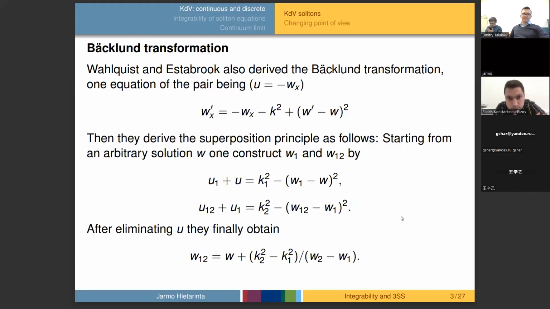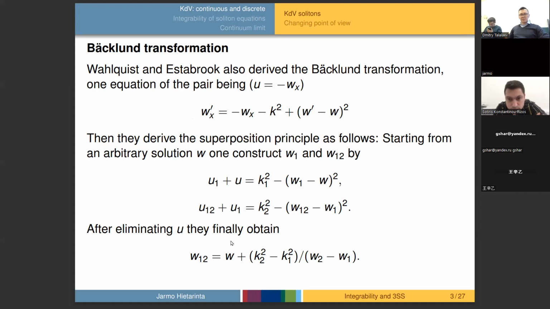So the main thing in this paper, the basic thing here, is that they derive the Backlund transformation. So one of the equations is like this. W prime is the new solution, and W is the old solution, and the old and new are related by this.